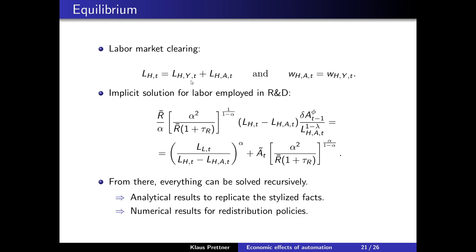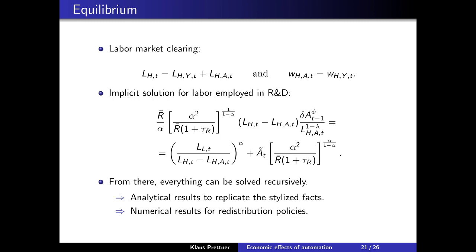So if we assume labor market clearing, we have that the number of high-skilled workers in the economy overall is equal to the number of high-skilled workers in final goods production plus the number of high-skilled workers in research and development. The wages of engineers and scientists equate in equilibrium, and we get an implicit solution for labor employed in research and development, so for the scientists, by this equation.